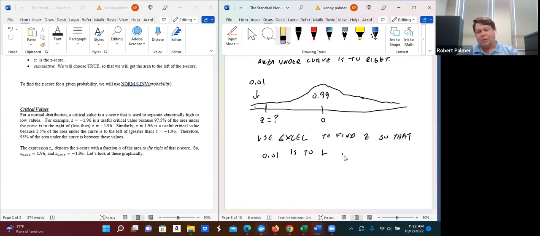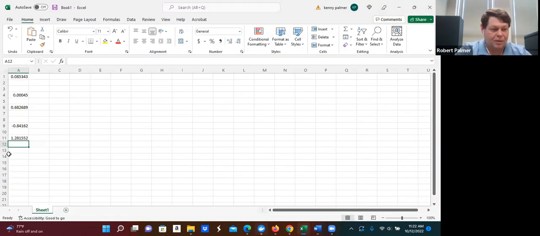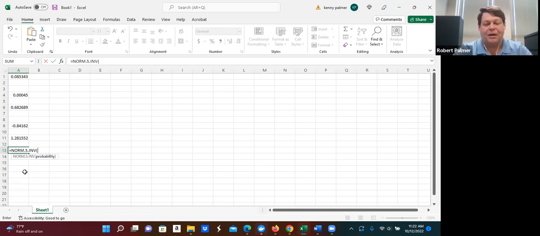So this is going to be the inverse. Just type equals NORM.S.INV and then 0.01. Make sure you do this.